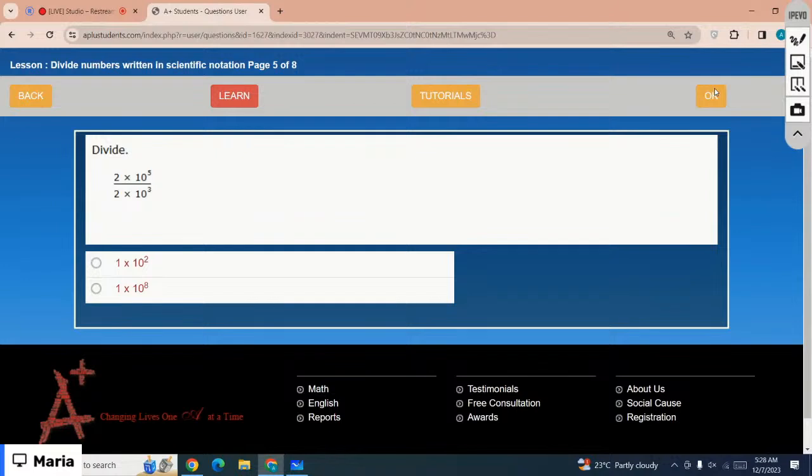Yes, the correct option is 1 times 10 exponent 2.